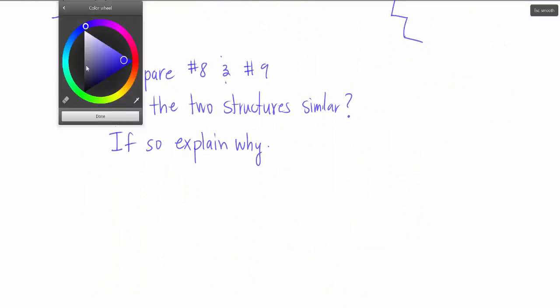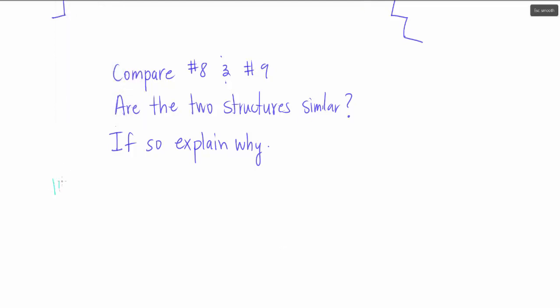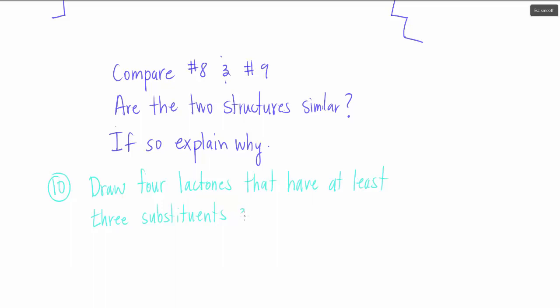Now, I have an idea for number 10. For number 10, draw 4 lactones that have at least 3 substituents and their corresponding carboxylic acids.